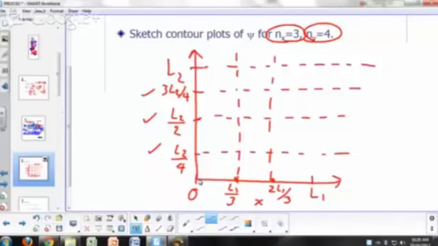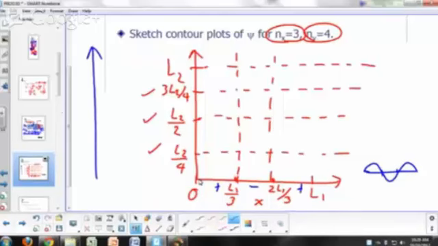Okay, so what's the sign of your wave function going to be? What does the wave function look like along the x-axis? It's going to look like positive, negative, positive, right? So it's positive here, negative here, positive here. Along the y-axis, what are the algebraic signs of your wave function?